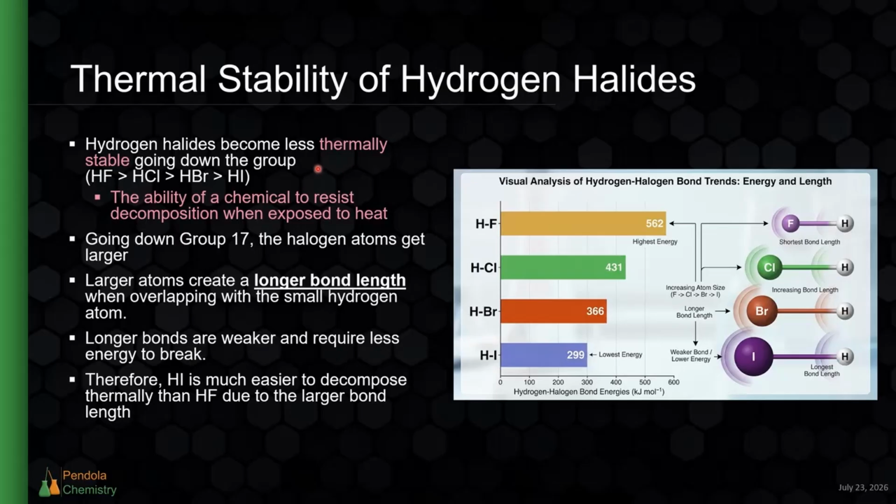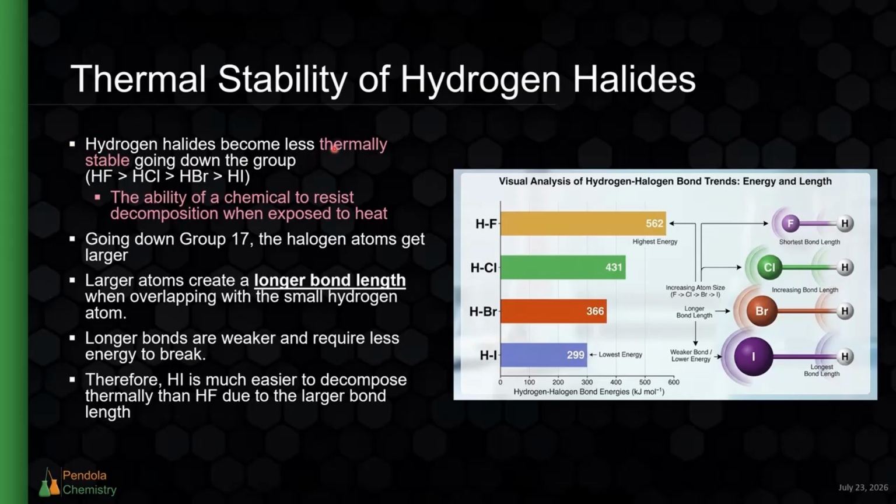But they also have to do with the stability of the hydrogen halide. The more stable a hydrogen halide is, the more explosive or volatile the reaction will be, because it's creating a much more stable compound from much more unstable ones. So let's talk about the thermal stability of the hydrogen halides.